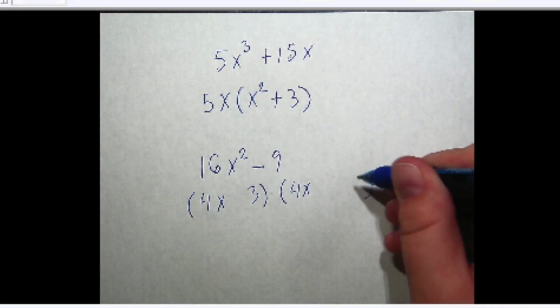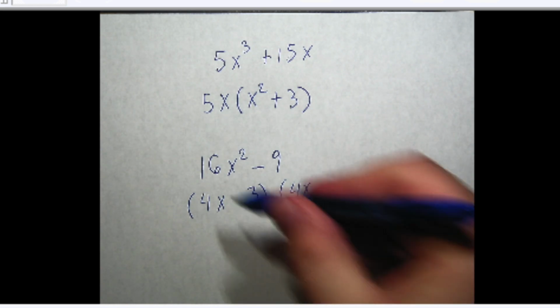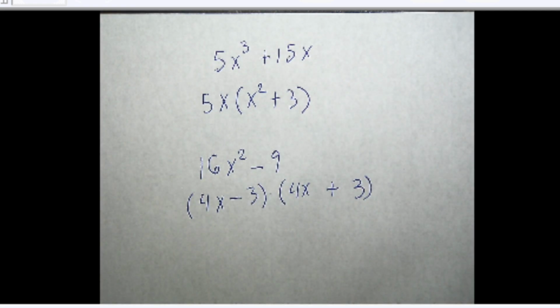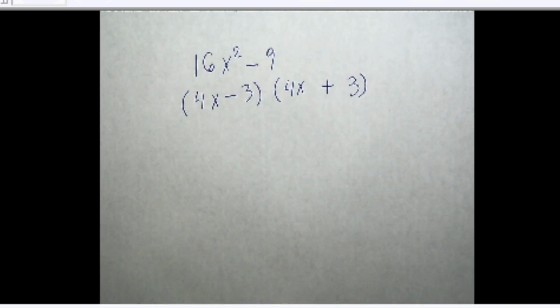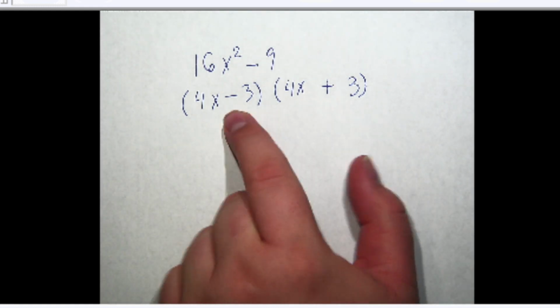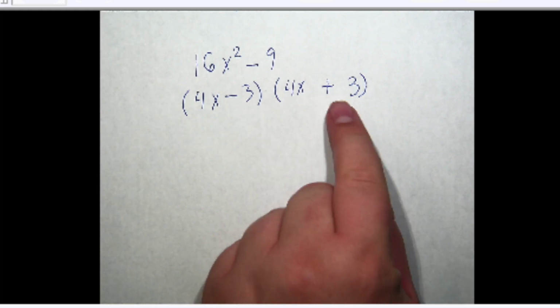Same thing here, 4x and 3. And then this one gets a minus, this one gets a plus. Because again, when we factor a difference of squares, like we said last time, we get conjugate binomials. Conjugate meaning that they're the same numbers, but they have a different sign.